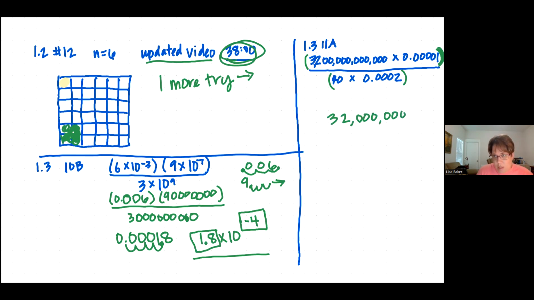Okay. And then I did my denominator and I got 0.008. All right. Then when I did that, I got 4 with 9 zeros.